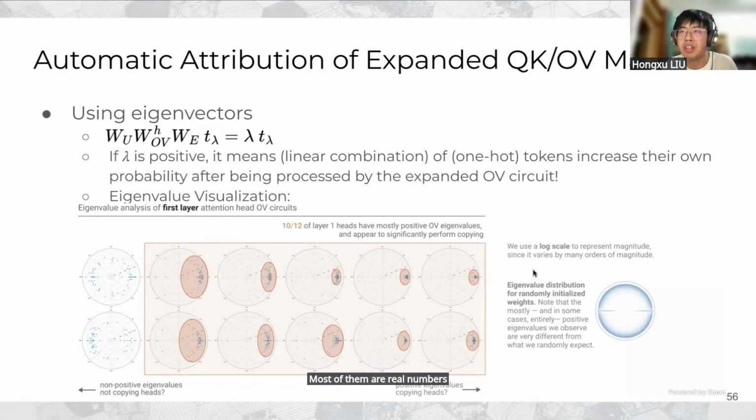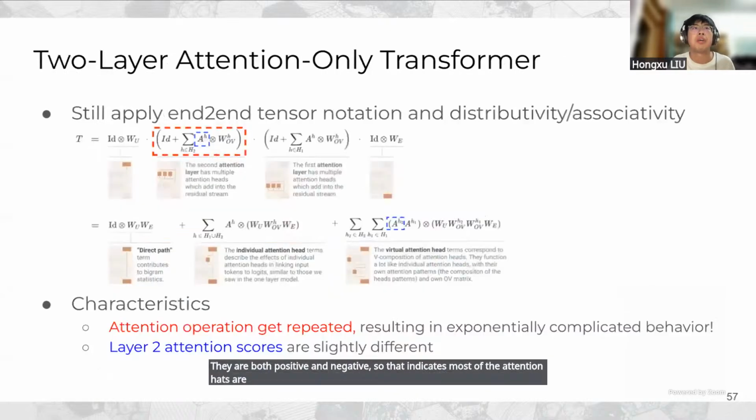Well, if we calculate the eigenvalues of randomly initialized weights, it is like a circle. A lot of eigenvalues are complex values, and they are both positive and negative. So that indicates most of the attention heads are doing some sort of copying.